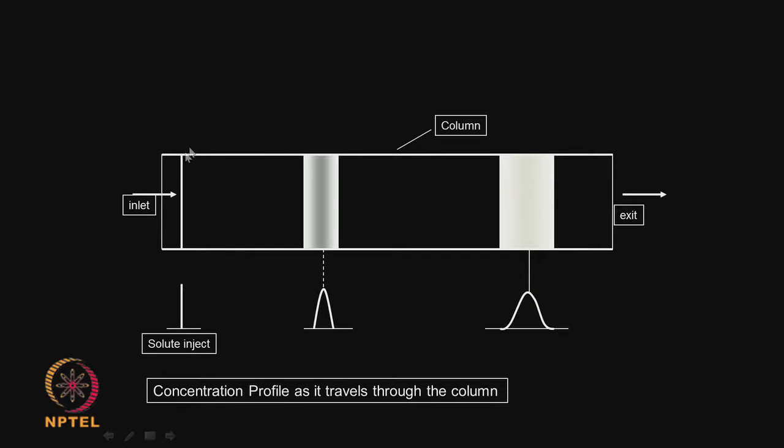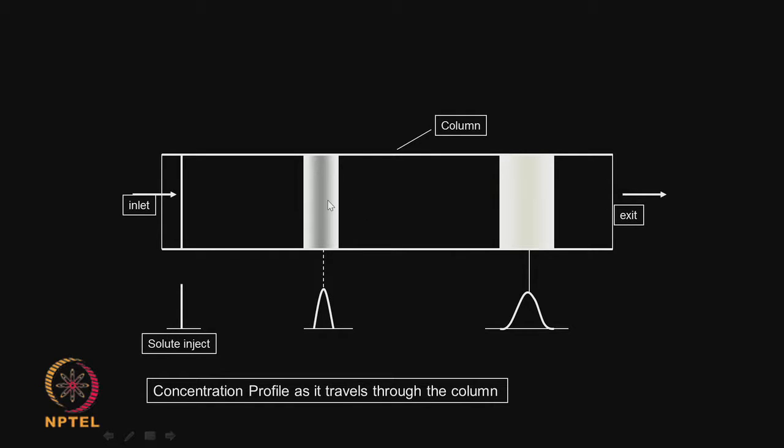So, what do we do? You have a long column and the stationary phase is packed inside this long column and a mixture is injected from one end. It will generally be a very sharp peak, and then as it travels through, the solute gets partitioned, solute gets adsorbed on the surface, solute starts interacting with the stationary phase material.